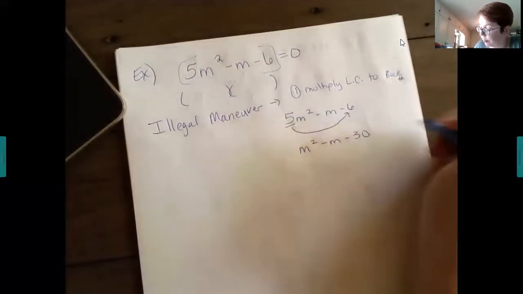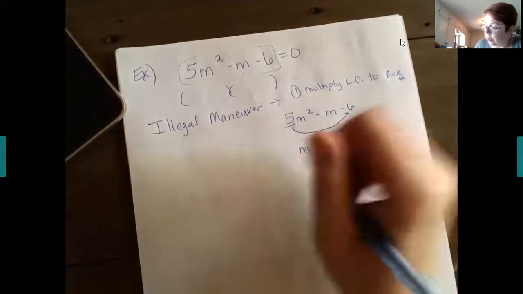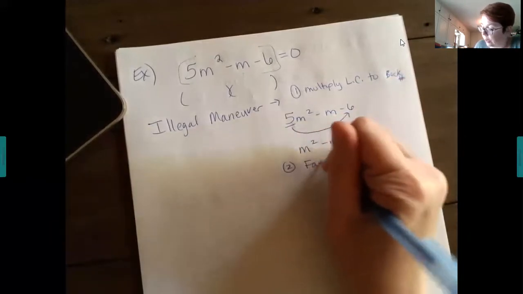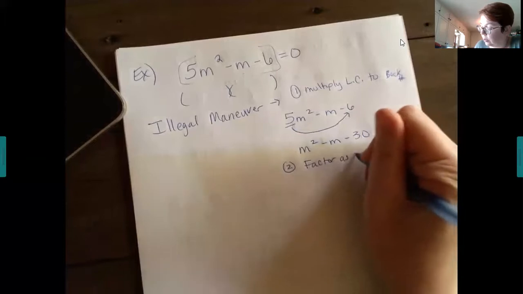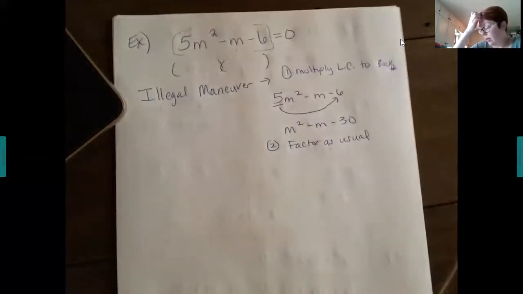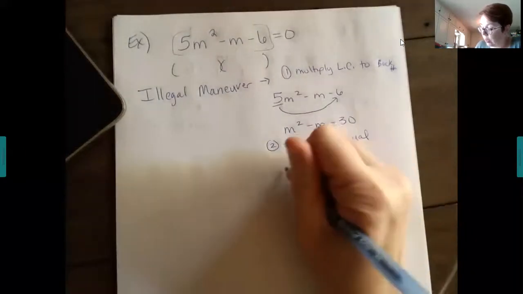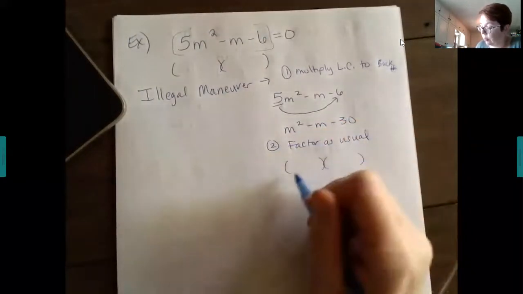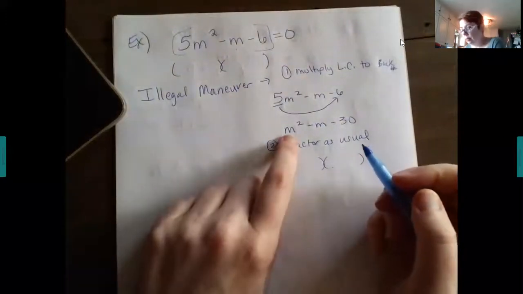So we get 30. And step 2 was factor as usual. And so when we think about what we are looking at, something times something gets us m squared.